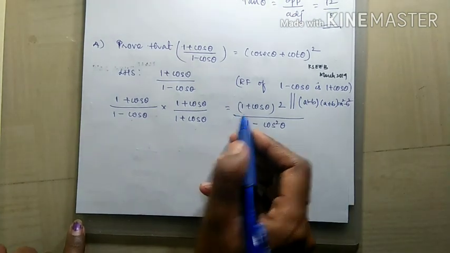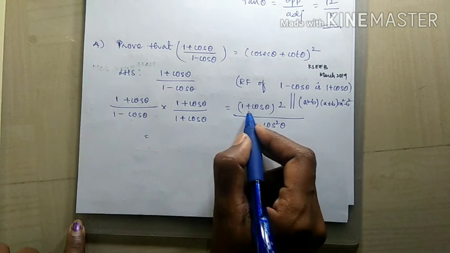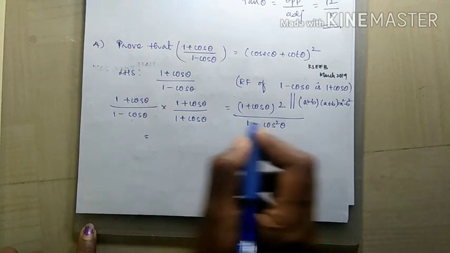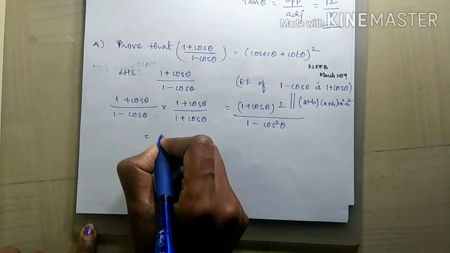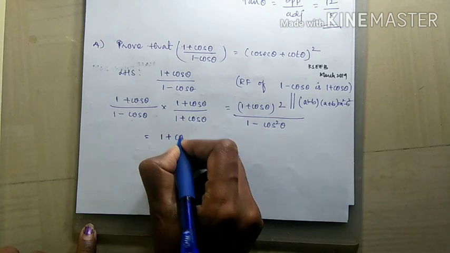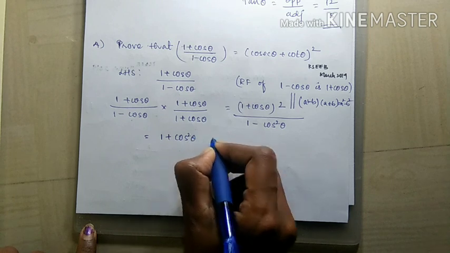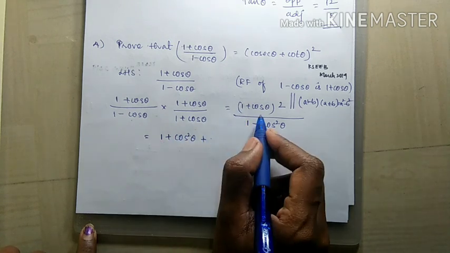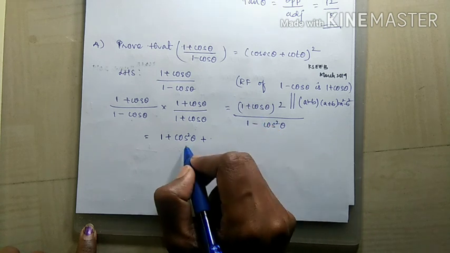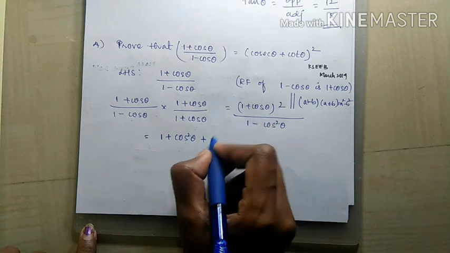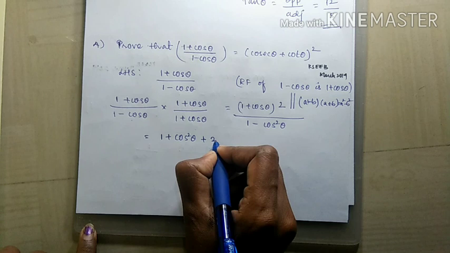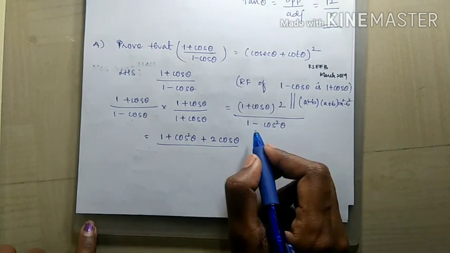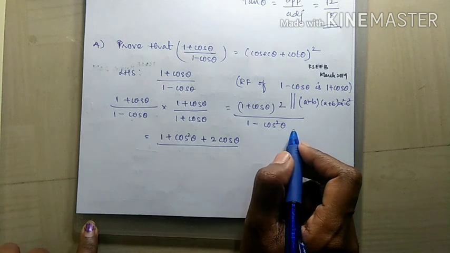So now this is 1 plus cos theta the whole square. So right now, (a plus b) whole square is a square plus b square plus 2ab. That is a square is 1 square is 1, b is cos theta, b square is cos square theta, plus 2 into cos theta, divided by 1 minus cos square theta.